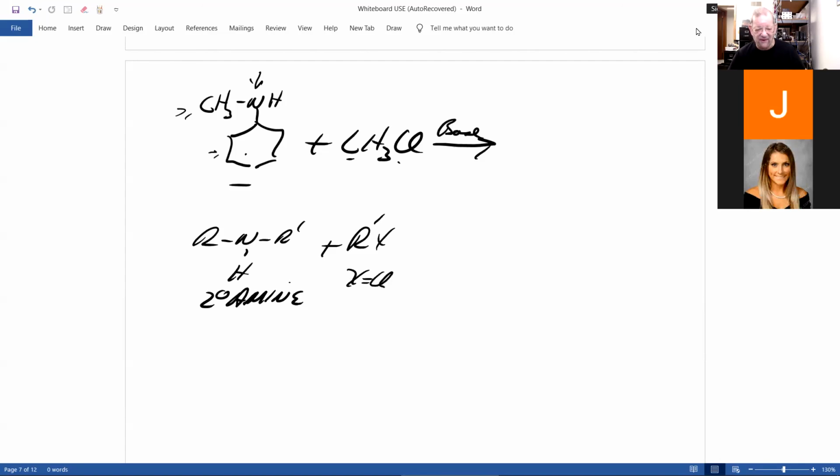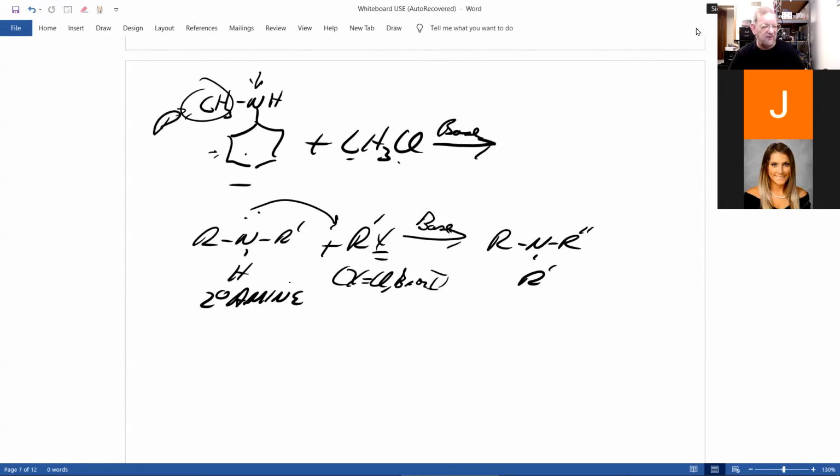X can be chlorine, bromine, or iodine. And now, in the presence of base, this attacks the carbon with the halogen to form a tertiary amine. So what's R? Doesn't matter which one of these you call R and the other R prime. You could have just as easily reversed it.